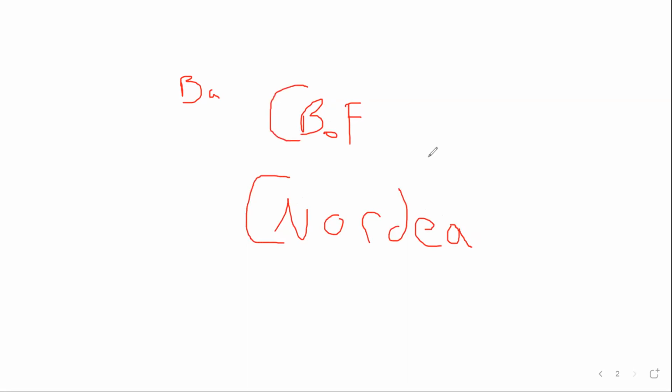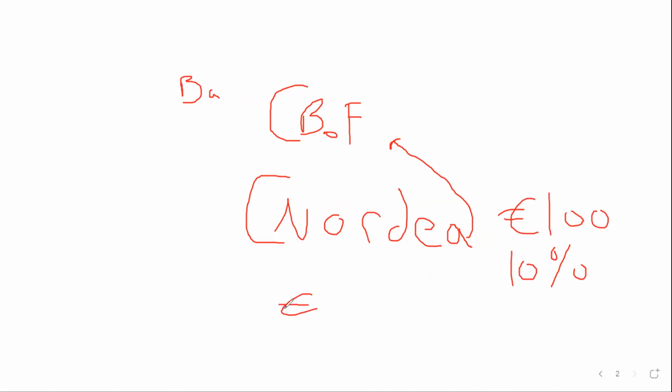The deal is that every time somebody deposits 100 euros with Nordea, Nordea is asked by the Central Bank of Finland to keep a 10% margin with itself, and the remaining amount, 90 euros, Nordea can lend to borrowers.